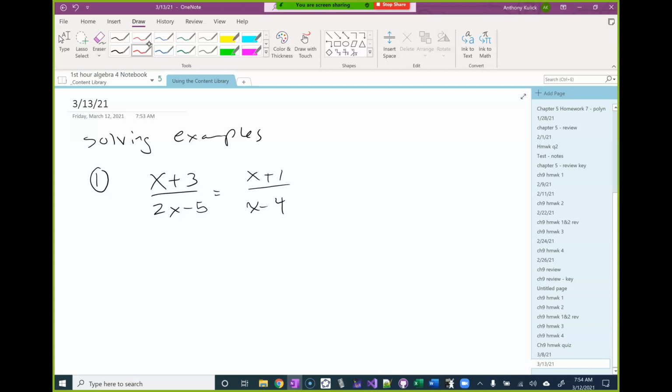To solve one of these, the most effective first step would be to check to see if there's any factoring to do, because maybe you could reduce this and make it a little easier. In this case, there isn't any, so we go to cross multiplying.